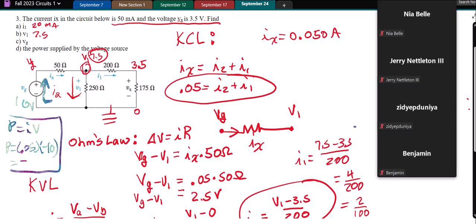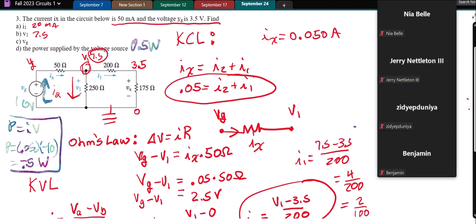So that ends up being negative 5 watts, or negative 0.5 watts, sorry. Negative 0.5 watts. And so the power supplied by the voltage source is 0.5 watts. You don't say that negative 0.5 was supplied. The negative means it's supplied, but you don't say that negative was supplied.